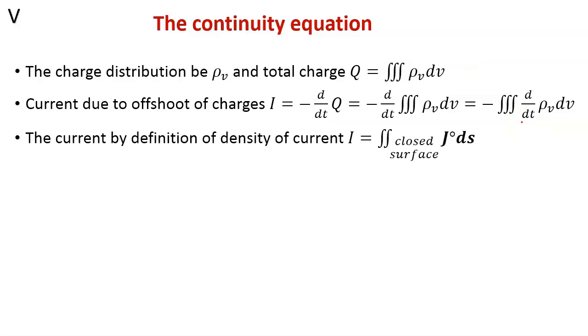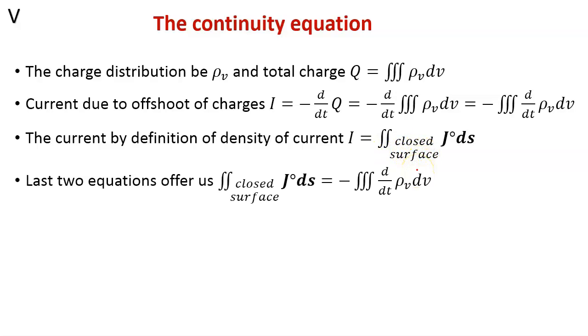The current, by definition of density of current, we have I equal to double integration over surface j bar dot ds bar. Now in this situation we have considered a region of space where the charges are present, and then we are considering some closed surface which encompasses the volume element. So here the double integration is to be performed over the closed surface.